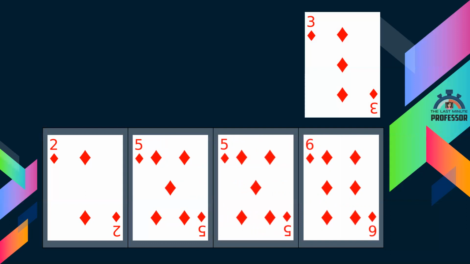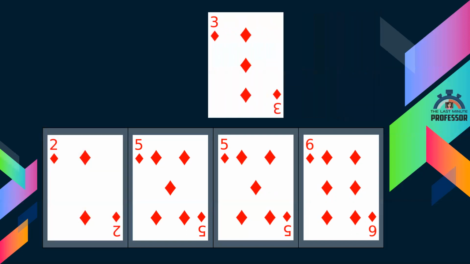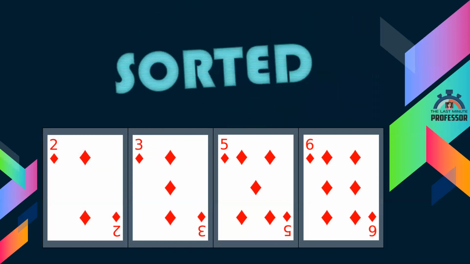Next, when we compare 3 with 2, 3 is greater than 2, so we stop the comparison. The first point where we encounter the situation where the picked card is greater than the card in hand, we insert the picked card at the next index. So to the next index, we insert 3 and all the cards are sorted.